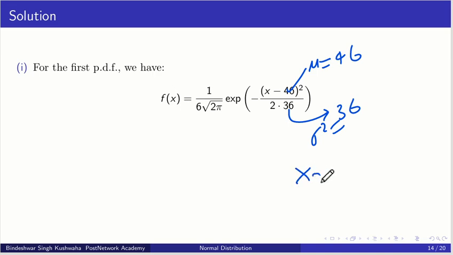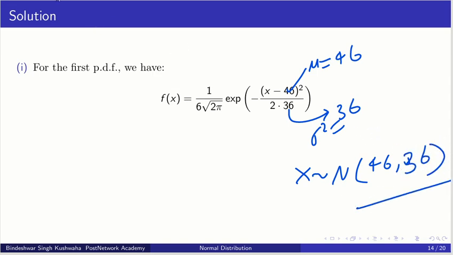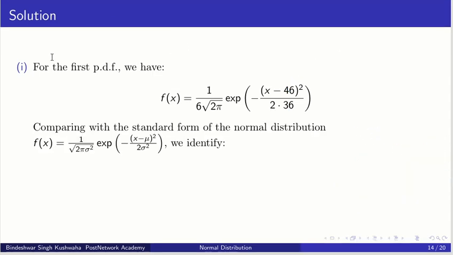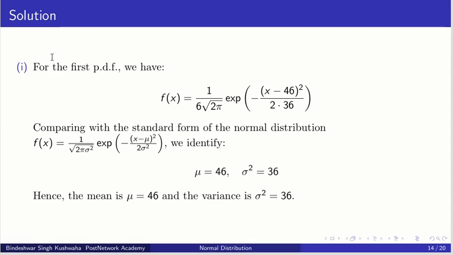So we can say that x is following normal distribution having mean 46 and variance 36. The same thing is given here: if you compare, you will get mean 46 and variance 36.